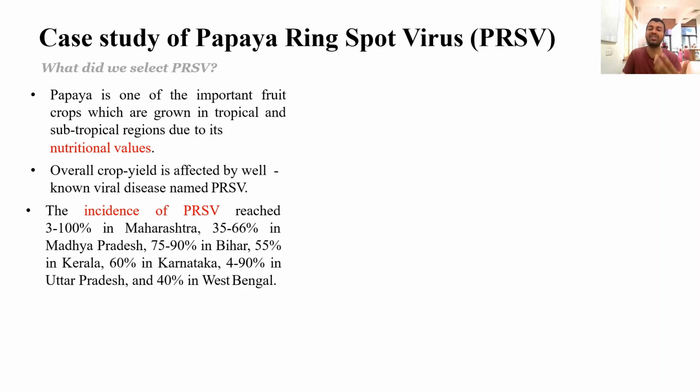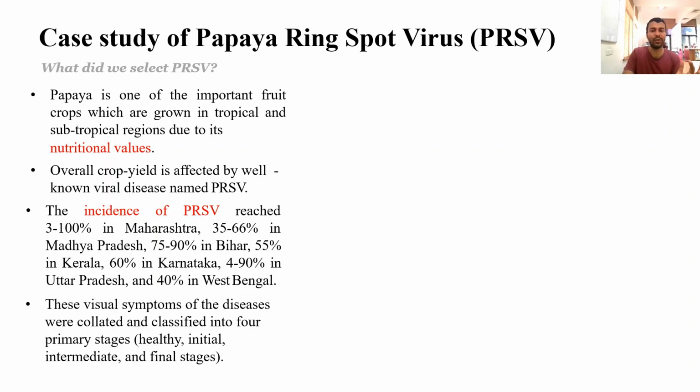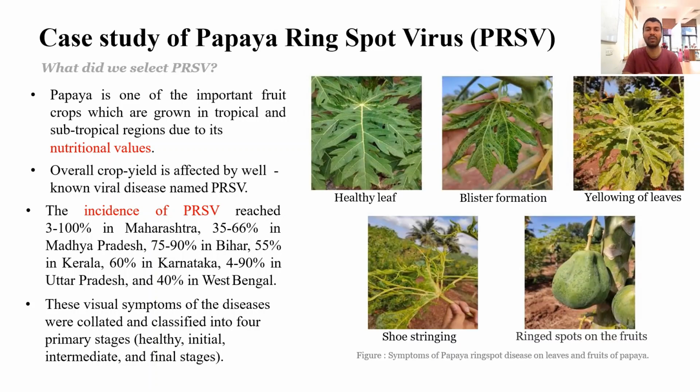And how do we classify such a disease? In consultation with pathologists as well as scientists, we identified that this disease can be classified into stages: the initial stage, the intermediate stage, as well as the final stage. So you can see here first the healthy leaf of the papaya plant, which in the initial stage of the papaya ring spot virus has yellow spots or blisters forming on it.